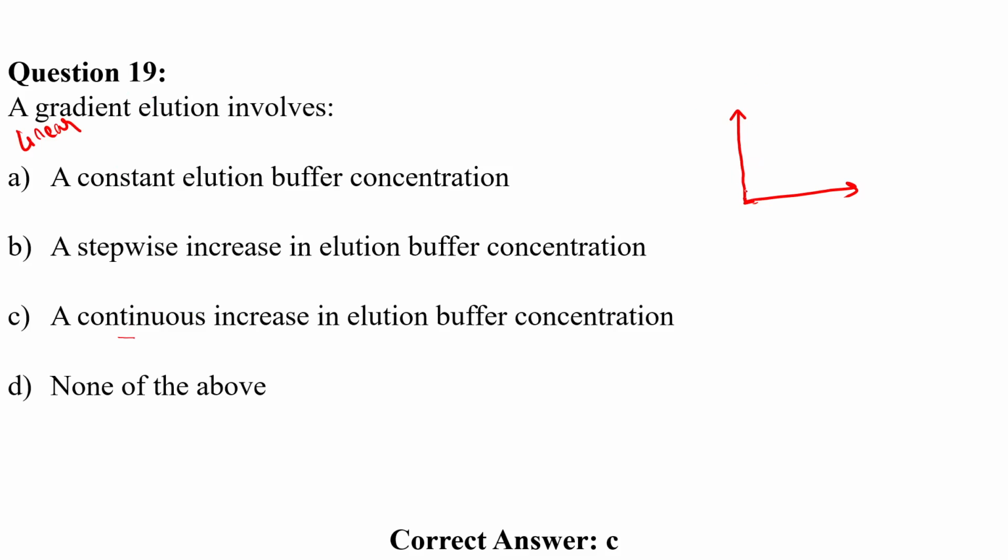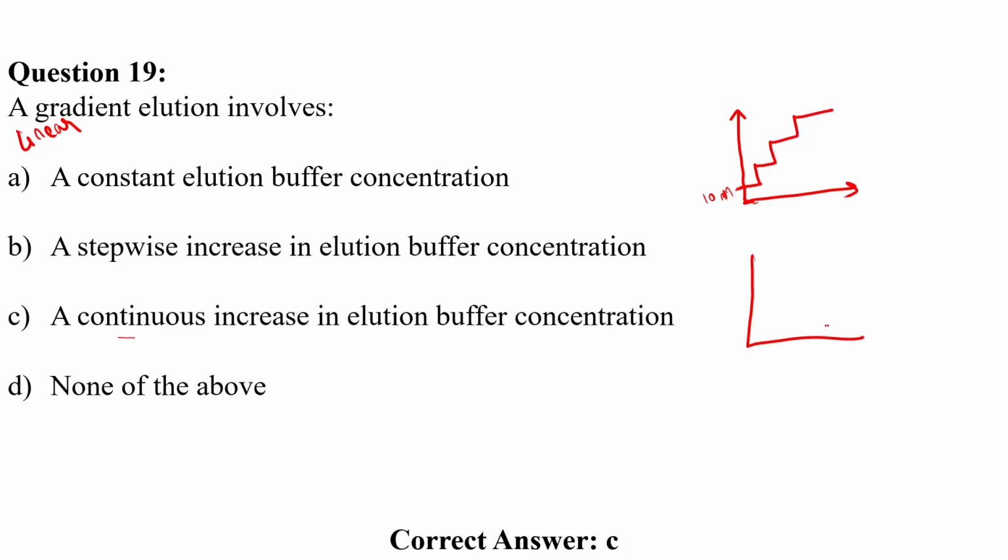So linear gradient elution involves a continuous increase. Stepwise increase means, let's say I have done the binding at a 10 millimolar salt concentration. Then from 10 millimolar I will directly increase; the next mobile phase will be 20 millimolar, then 30 millimolar, then 40 millimolar. So this is stepwise increase.